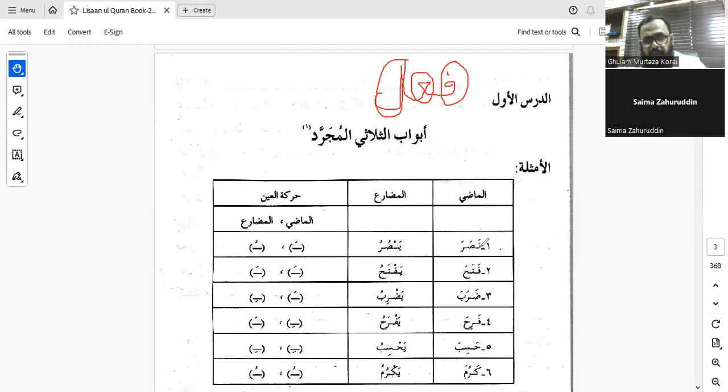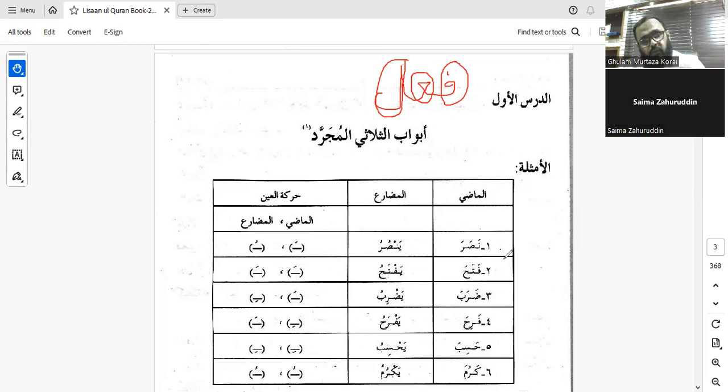They are given there like nasara. In nasara, noon is at the place of kalimatul fa, sad is at the place of kalimatul ain, and ra is at the place of kalimatul lam. Fataha: fa is at the place of kalimatul fa, ta is at the place of kalimatul ain, and ha is at the place of kalimatul lam.